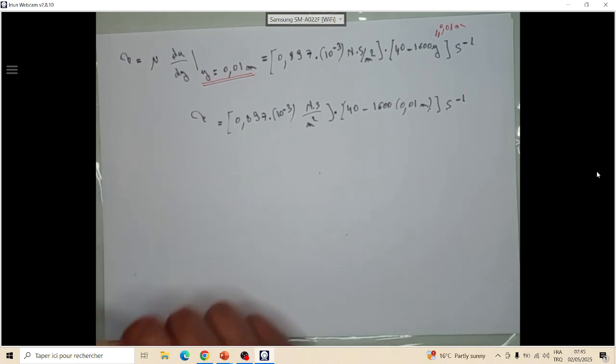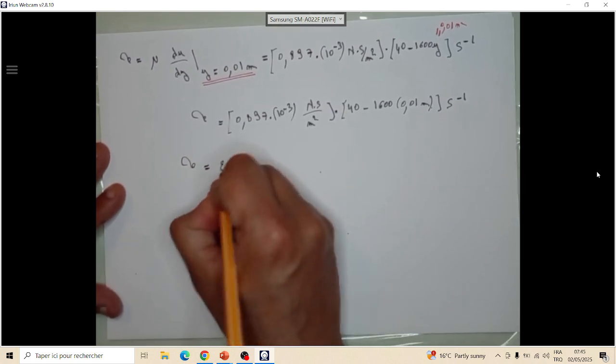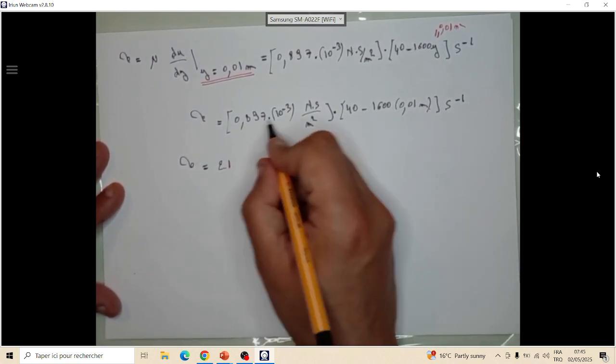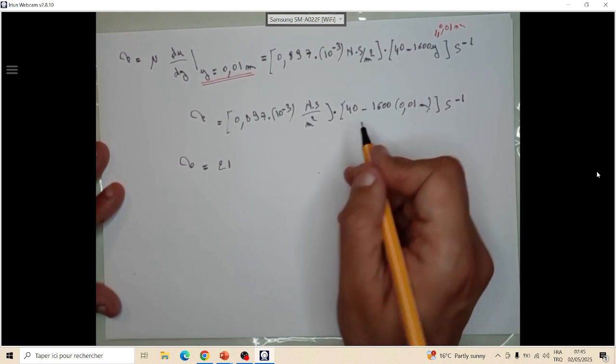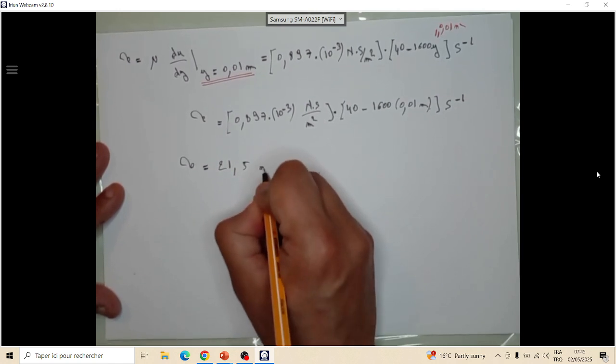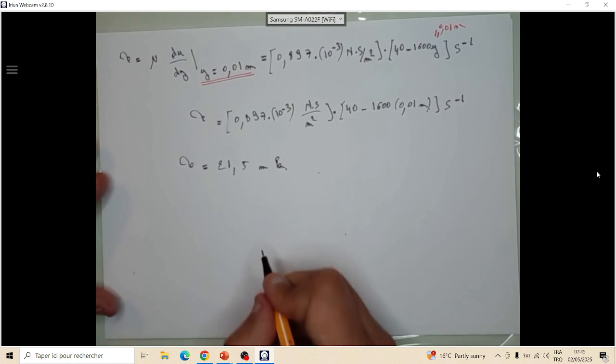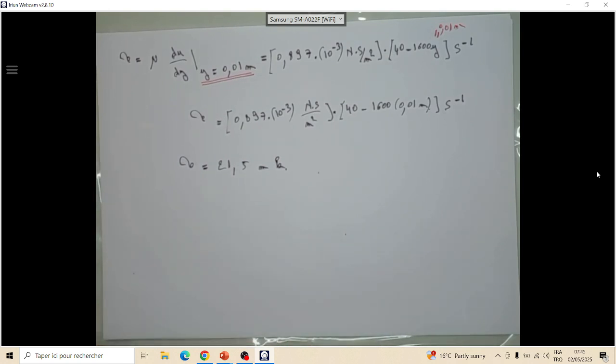So tau is equal to 21.5 millipascal. So I will frame this.